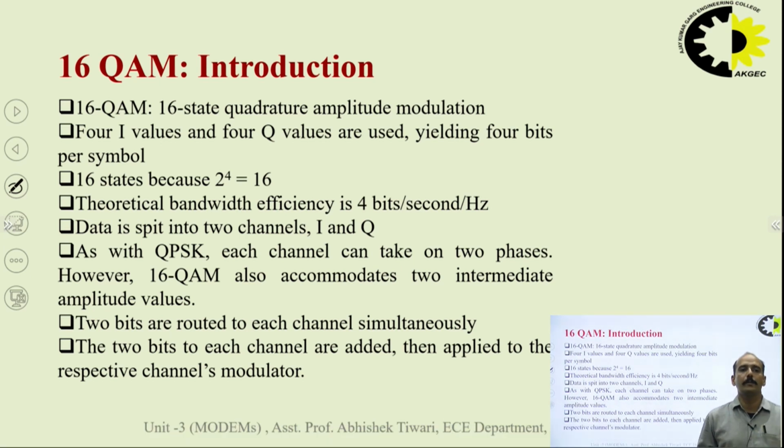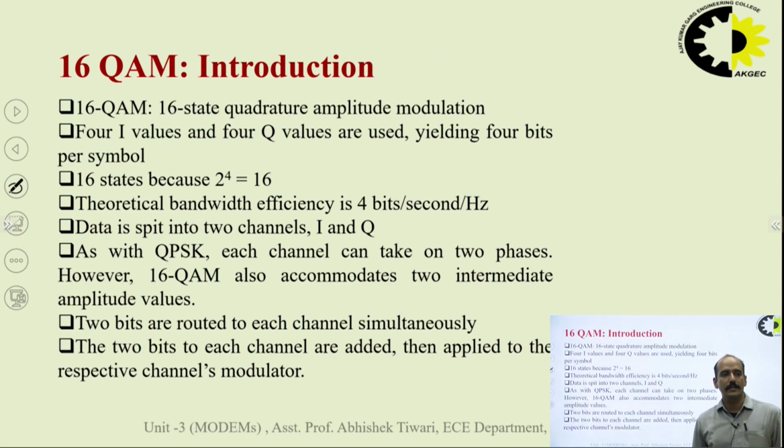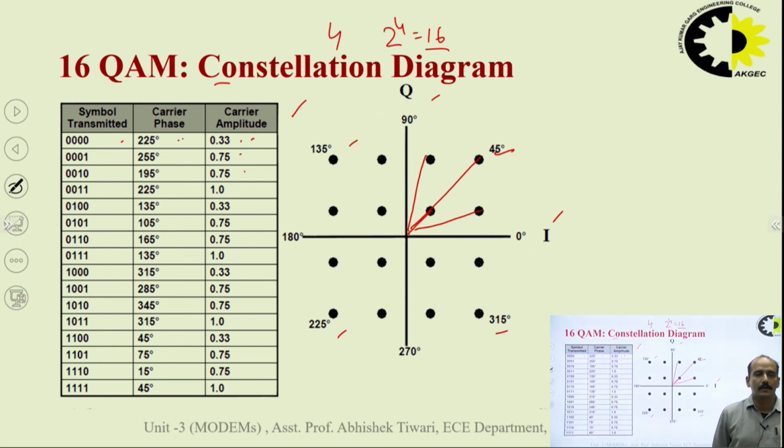However, 16 QAM also accommodates 2 intermediate amplitude values, such as 0.75, 0.33 and 1. So these values also define the 16 QAM, and the 2 bits for each channel are added, then applied to the respective channel modulator. So this is about the 16 QAM constellation diagram.